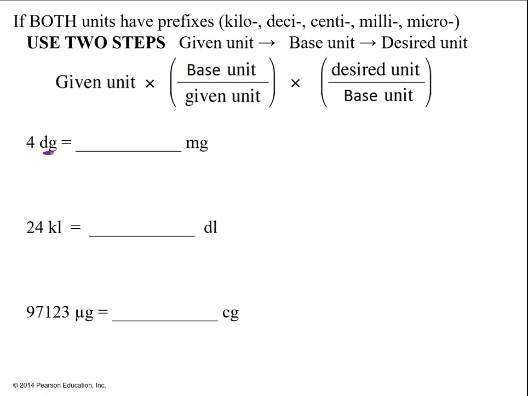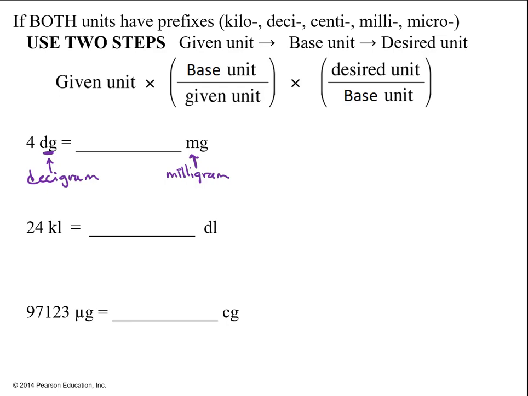If you only had 1, then you know it's a base unit. If it's just an M, you know it's meters. Just an L, you know it's liters. Just a G, you know it's grams. But if I see DG, then I know that's decigrams. If I see MG, I know that's milligrams.